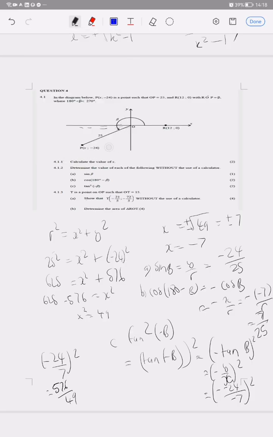I'll assume I have a point here, I call it T. Do I know the x value? All right, do I know the y value? No. So how do you determine?